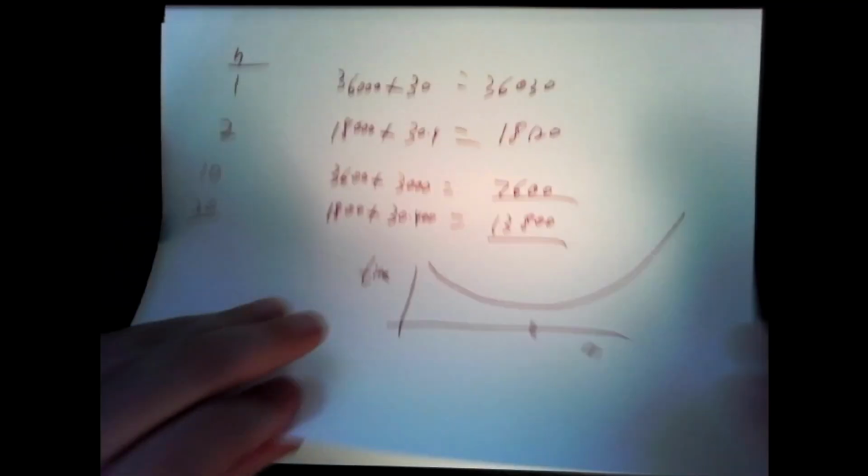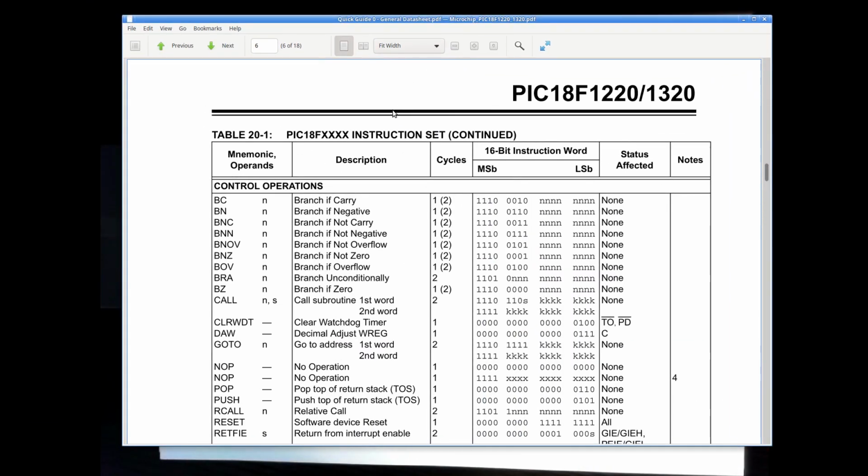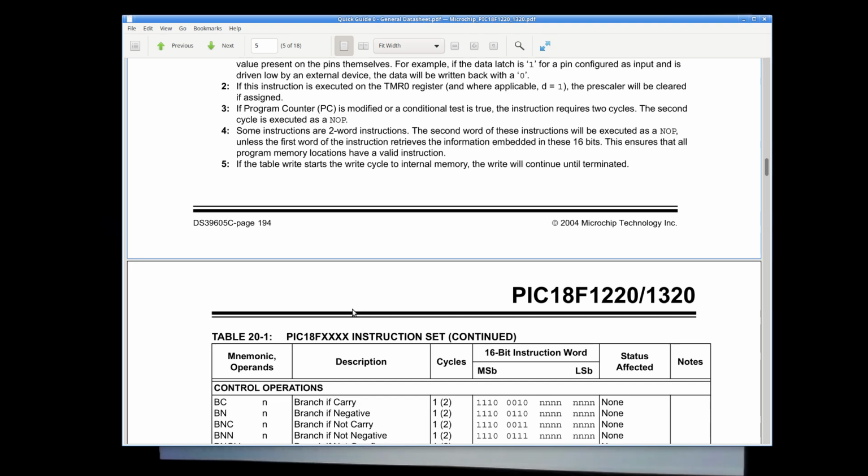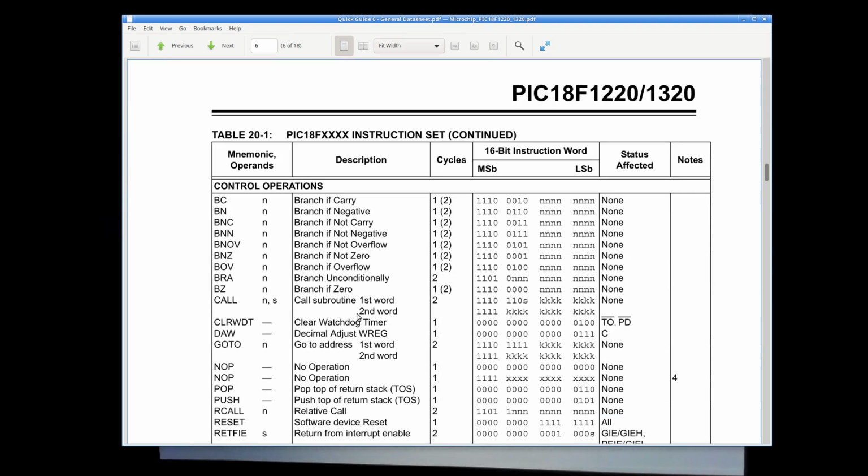So let's take a look at the PIC processor, and let's do some calculations. We have table 20-1, which shows all of our instructions, and one of the columns here is cycles. And cycles tells us roughly how much time it takes to execute this instruction.